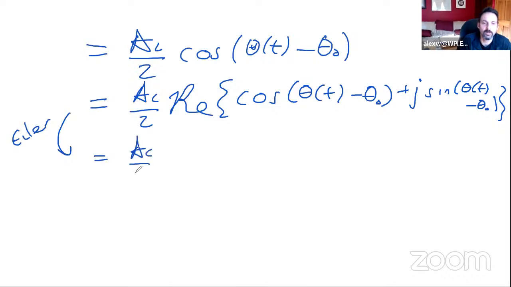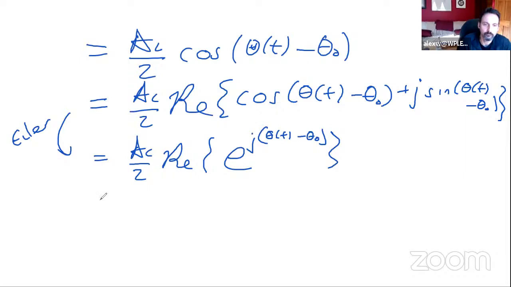Oh, but wait, Euler says that I can do the following. Absolutely, I can do the following. Totally allowed. Okay, let's take this one step further. I could split this up.